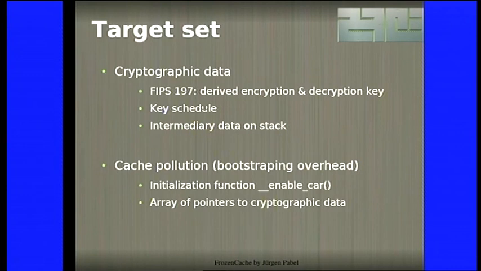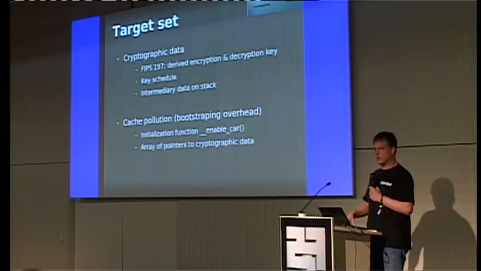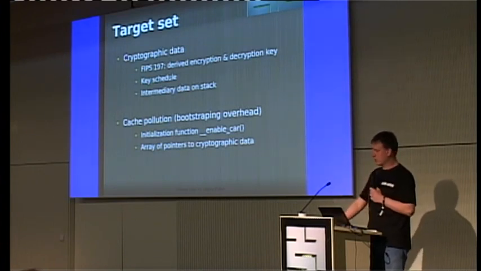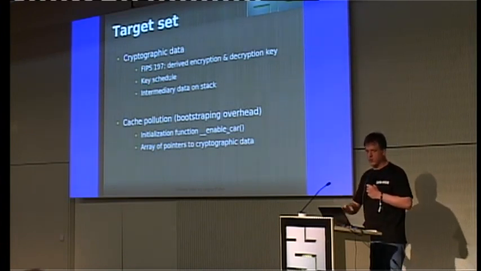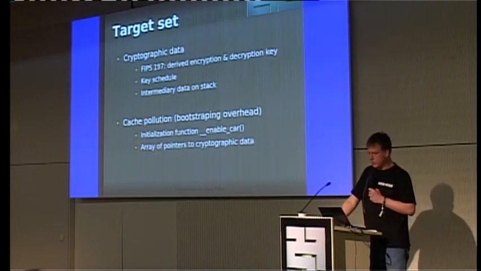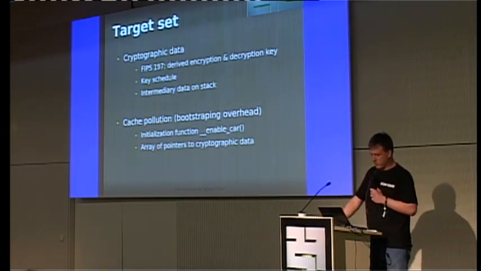And then there's also the key schedule, which are derived keys that are used in the encryption and decryption calculations. And of course, you have intermediary data that occurs when you actually calculate the encryption or decryption. That needs to be protected as well, because otherwise someone could use that data to run cryptographic attacks on these bits that they find there.